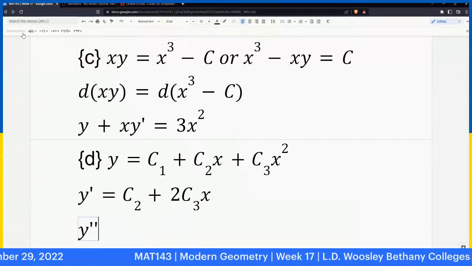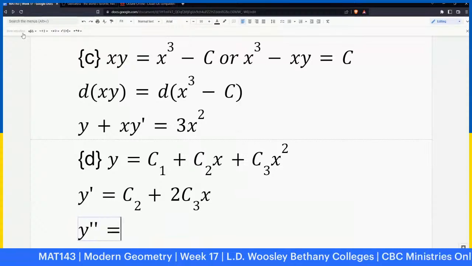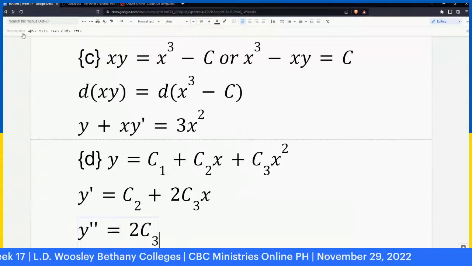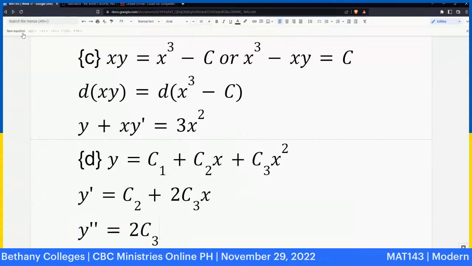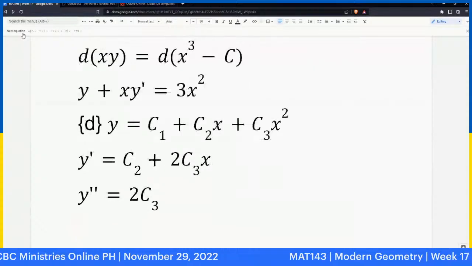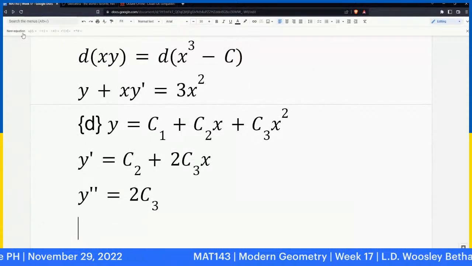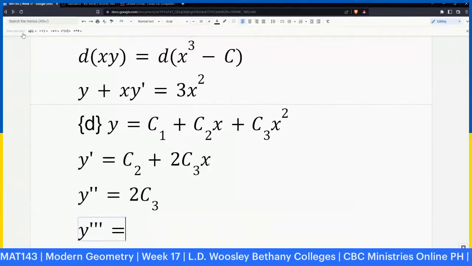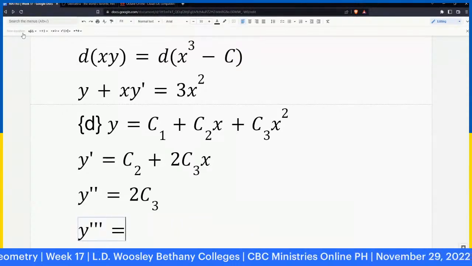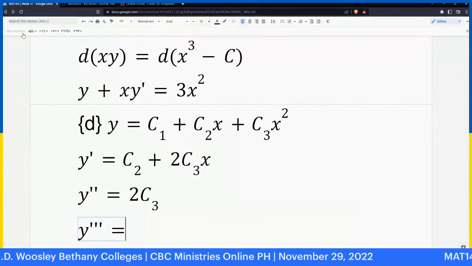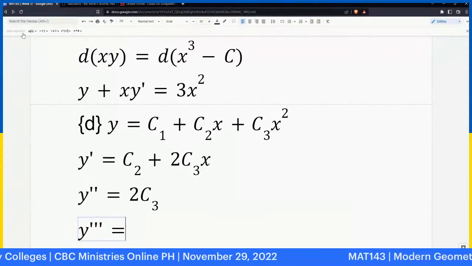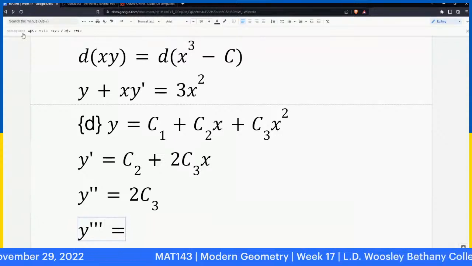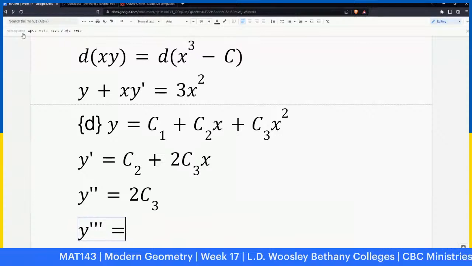Y double prime is equal to 2 c sub 3. Yes, sir. Alright? And then, x. Isa na lang. Y triple prime. What would be the answer? Zero po. The answer is 0.